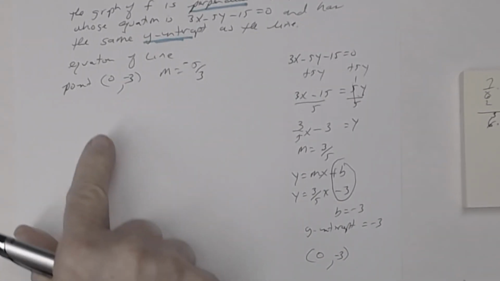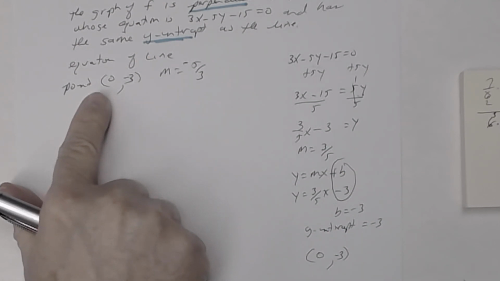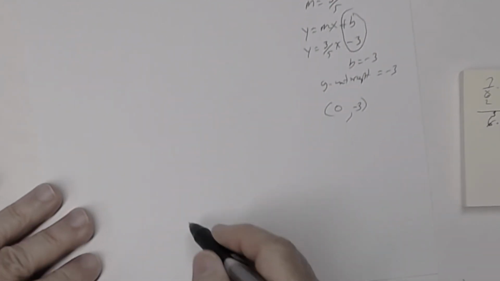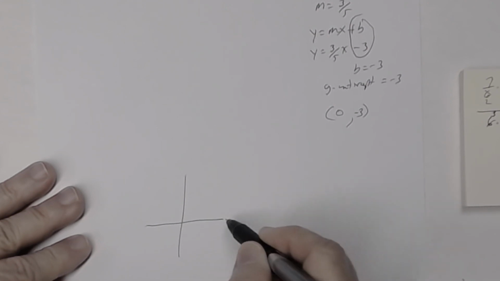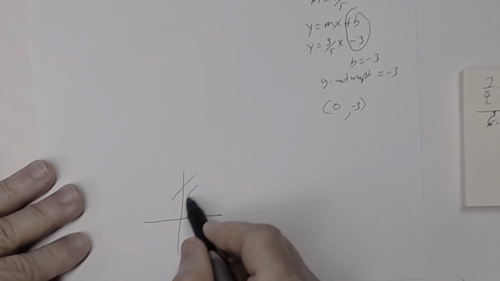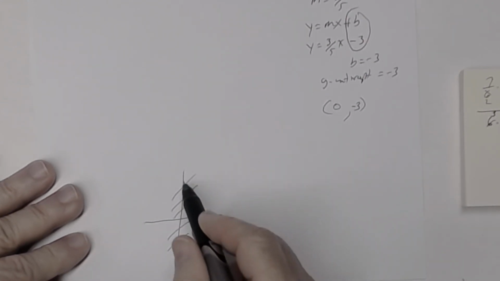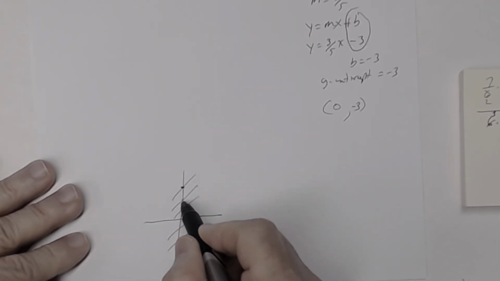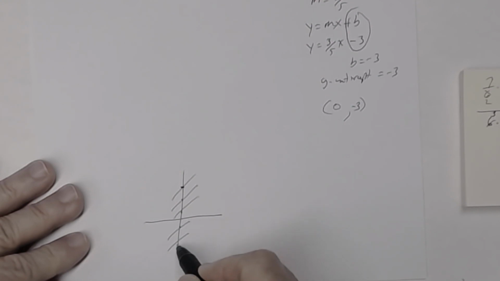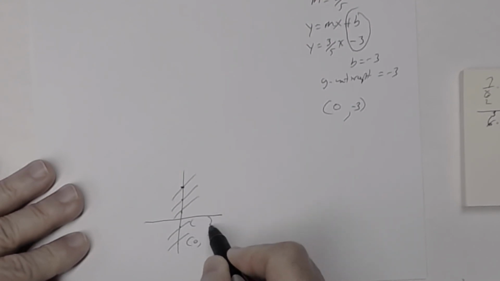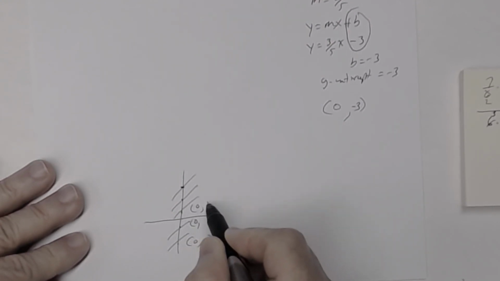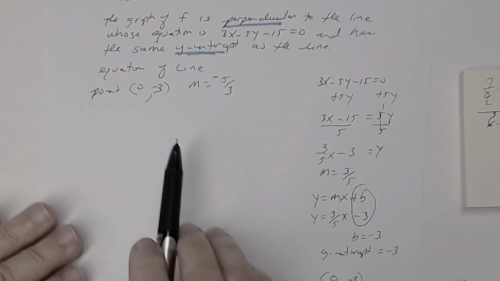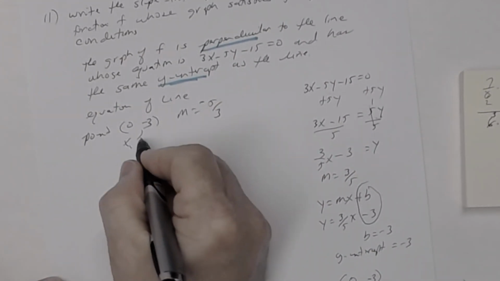So y-intercept means that the x-coordinate is 0. That's where the graph crosses the y-axis. Hopefully that makes sense to you. When you look at a line that crosses the y-axis, notice that for all of these points on the y-axis, x is 0 in every case. And so this is your x1, this is your y1.